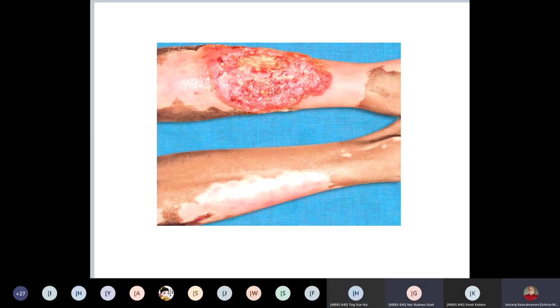Why? Already the lymphatics have been destroyed by the burn scar. As long as this ulcer is confined to the burn scar, you won't get any lymphatic spread. But the moment this ulcer invades the normal skin, it will start spreading through the lymphatics.